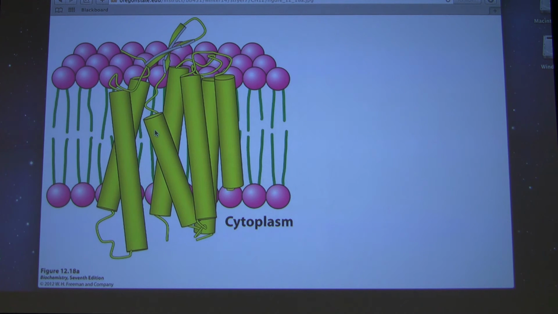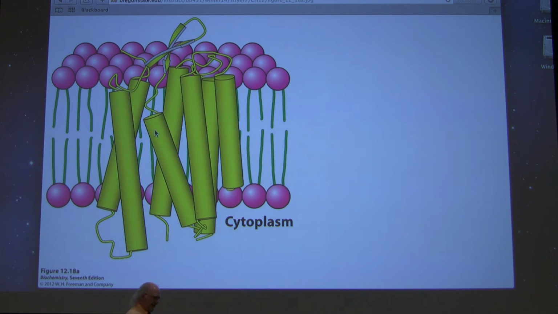And double bonds, you recall, can be in the trans configuration and in the cis configuration. And trans double bonds are physically different in structure than cis. Cis will tend to bend, trans will tend to be straight. Right? When you shine light on vitamin A, it causes trans and cis to interchange. So what happens is in the middle of this protein, there's this fatty acid-like thing that's sticking there.